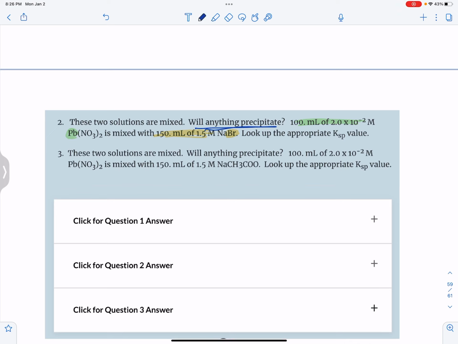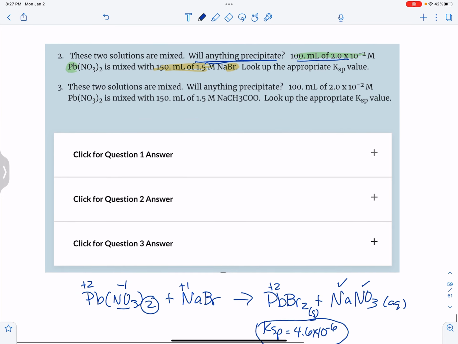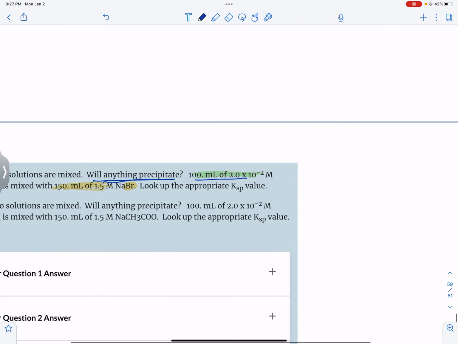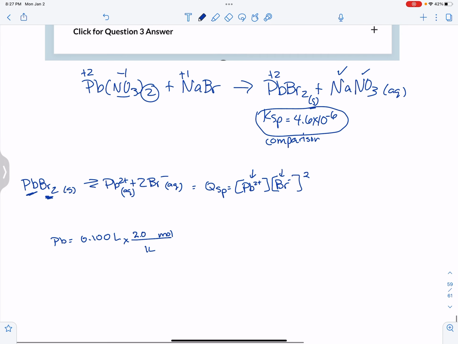So I have 100 milliliters of this, of 2.0 times 10 to the minus 2. So for the Pb, I'm writing it as 0.100 liters instead of milliliters. And then in 1 liter, the moles, 2.0 times 10 to the minus 2.